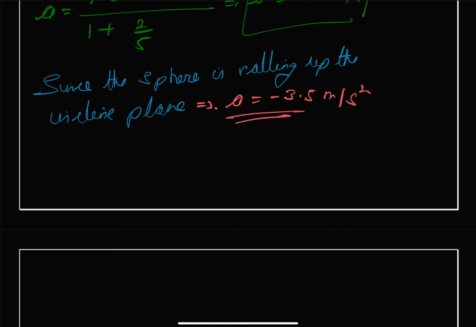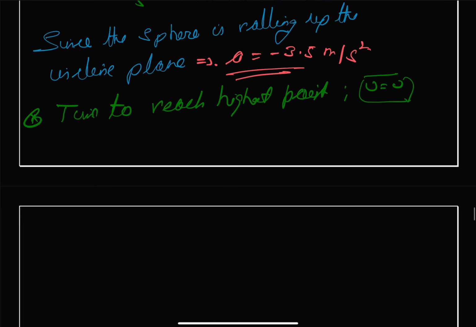We can say that our time to reach the highest point, at the highest point its final velocity will be equal to 0, so v will be equal to 0. Therefore, we can use the equation v = u + at.